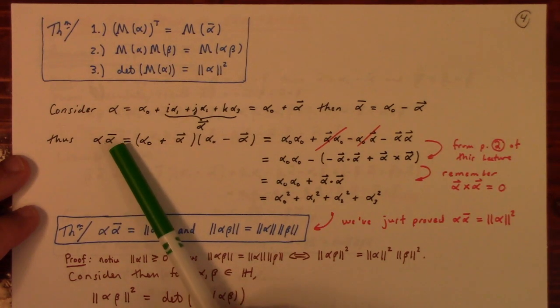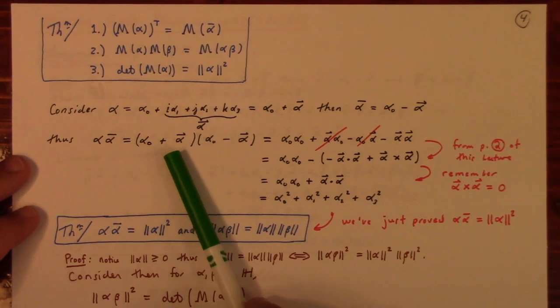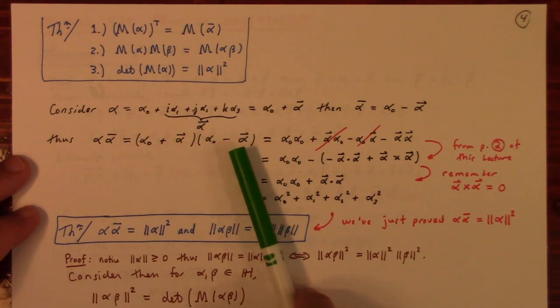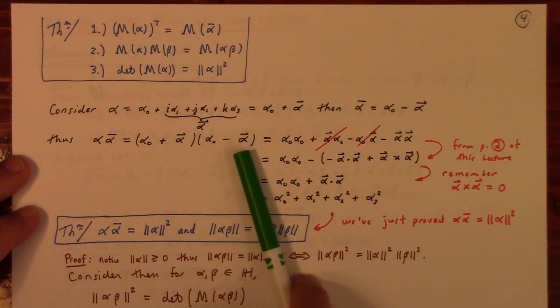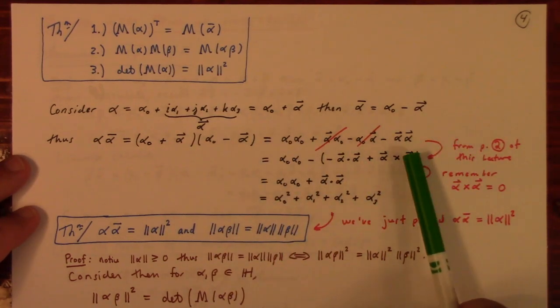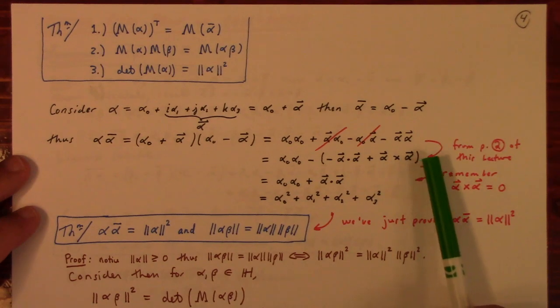And what else I can say is, if we calculate a quaternion times its conjugate, something kind of neat happens. We get alpha naught, and then you notice that the scalar multiples of alpha naught with alpha vector add and subtract in the product, so those cancel, and then you get the product of alpha vector with alpha vector minus. But remember, that gives us the dot product of alpha with itself plus the cross product of alpha with itself.